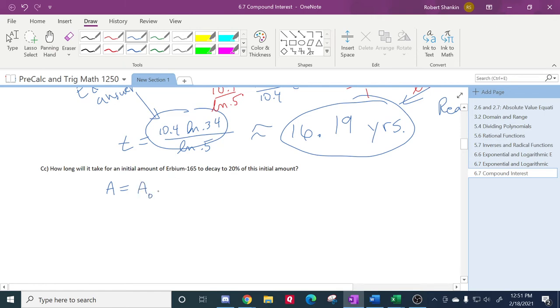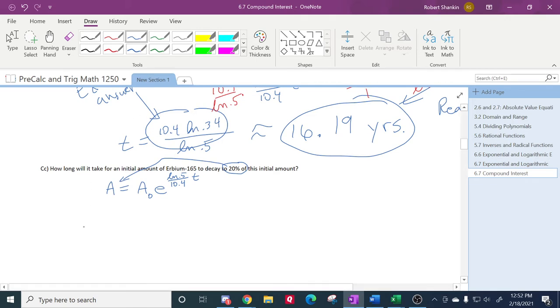So I have to leave it as A0 to the ln of 0.5 over 10.4 t. So there's the specific modeling equation for this situation. And then, now, to decay to 20% of this initial amount, this has got to go in over here.